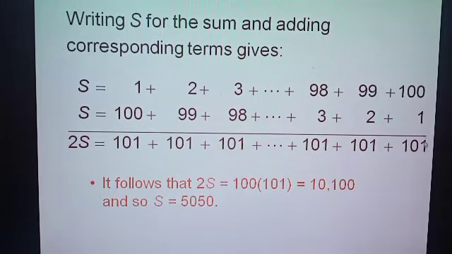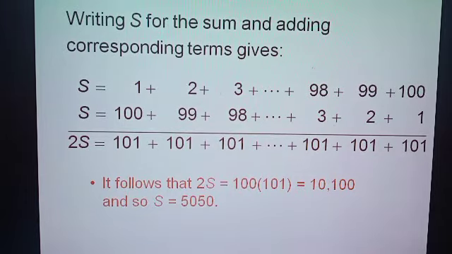The last, 100 plus 1, is also 101. So how many 101s are here? There are 100 101s. So 2S is equal to 100 into 101, you will get 10,100. So S is 10,100 divided by 2, you will get 5,050. So this was the answer given by Gauss immediately to his teacher by using this method.